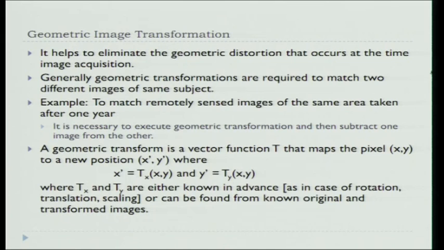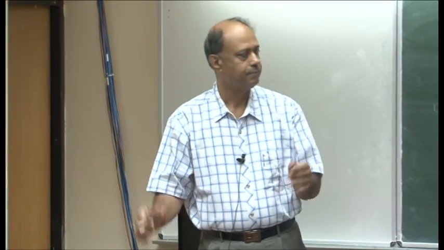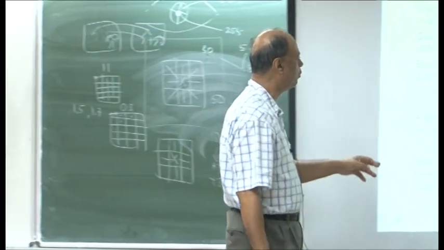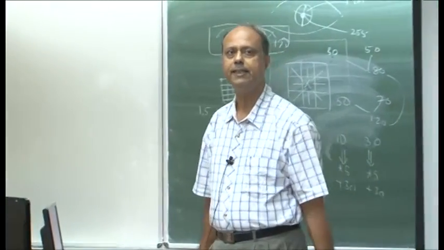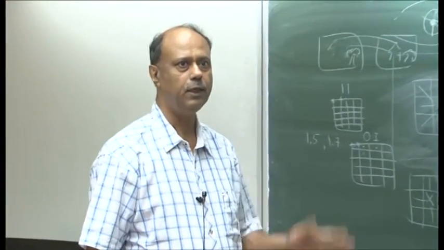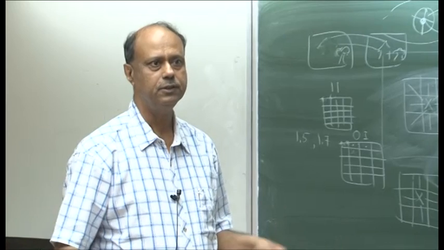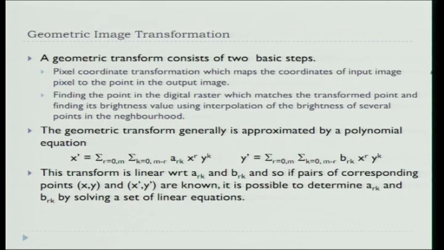In the case of scaling, I know the distance from the camera, so I need to scale it, or I know that it is rotated by theta angle and I need to correct it, and so on. Or I know the original image and the transformed image, and I have to correct it, right. So, this Tx and Ty will be either known in advance or can be found from the original image and the transformed image. One is original, another one is your output image. Based on that you have to obtain Tx and Ty.